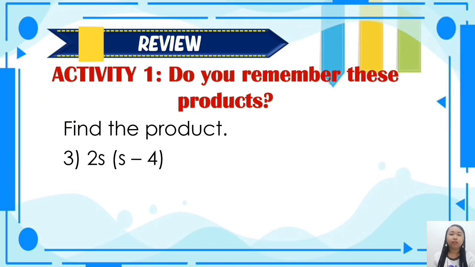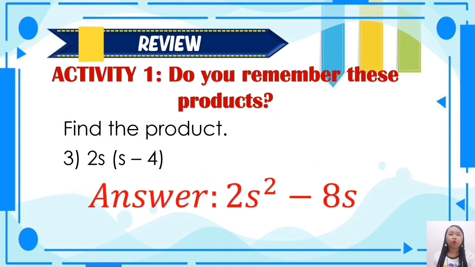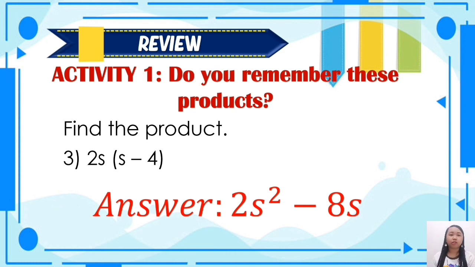Next, number 3. 2s times the quantity of s minus 4. The answer is 2s squared minus 8s. You need to apply again the distributive property.